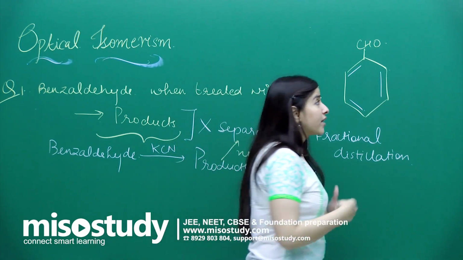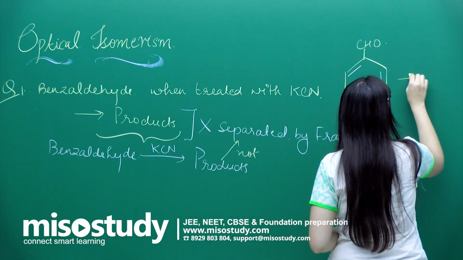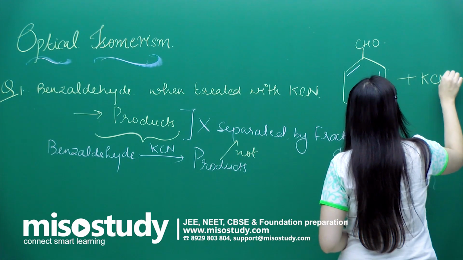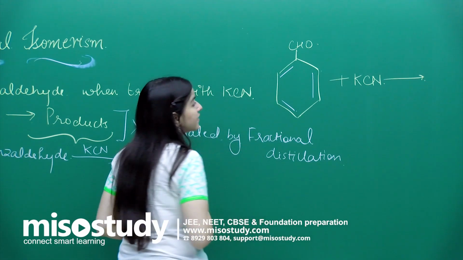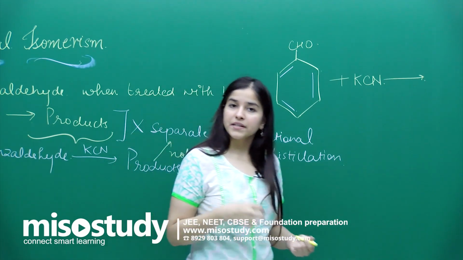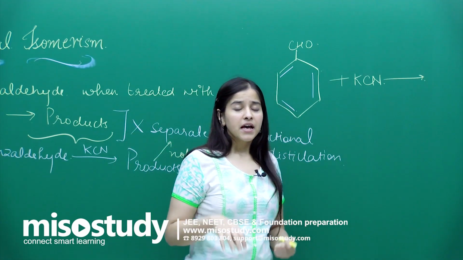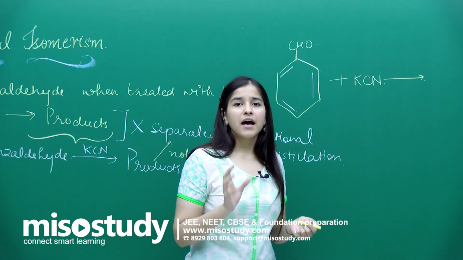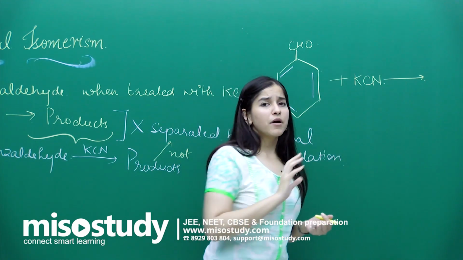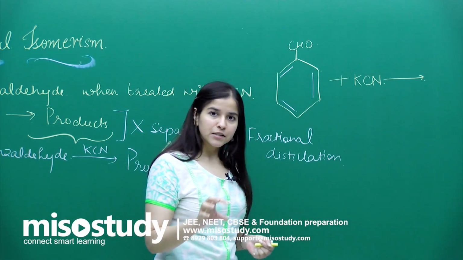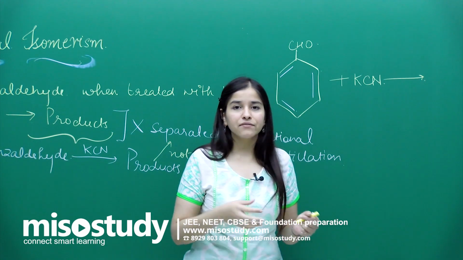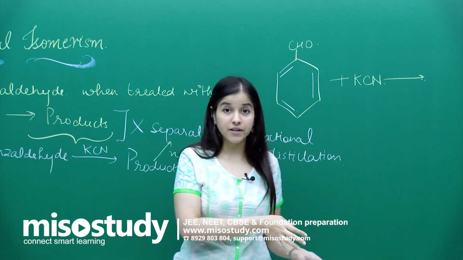And how can I treat this benzaldehyde? I have to treat it with KCN. What will happen here in this case? A basic reaction will take place. I hope you must have got a slight idea about the reaction, and for those who haven't, I will explain step by step because we haven't taken general organic reactions yet.